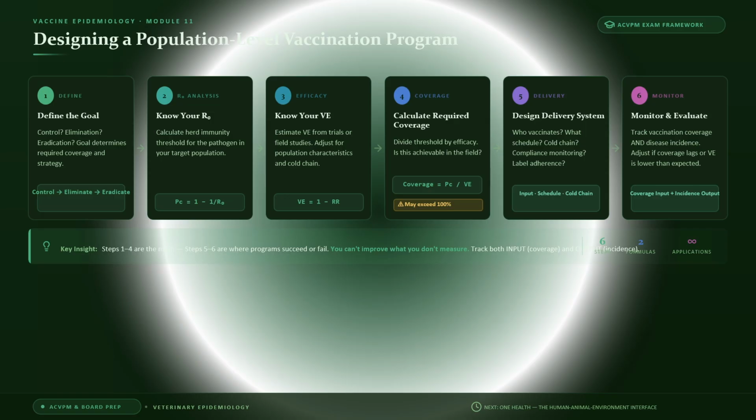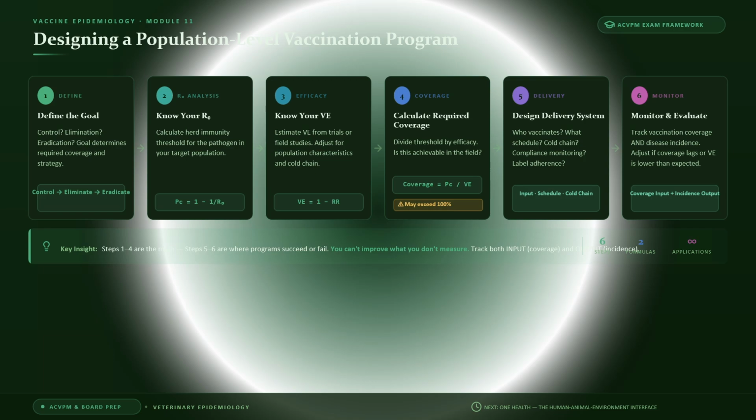Here's a key insight. Steps 1 through 4 are the arithmetic. Steps 5 and 6 are where programs live or die. You can't improve what you don't measure, so always track input coverage alongside output incidence.